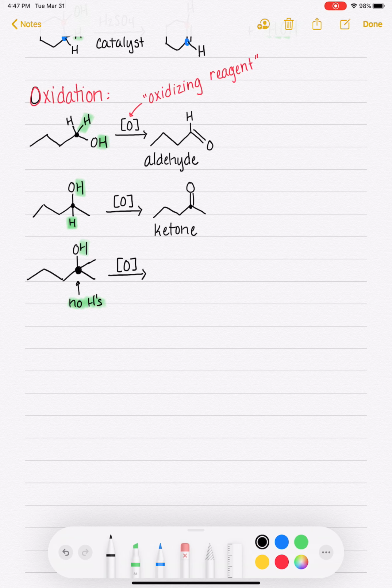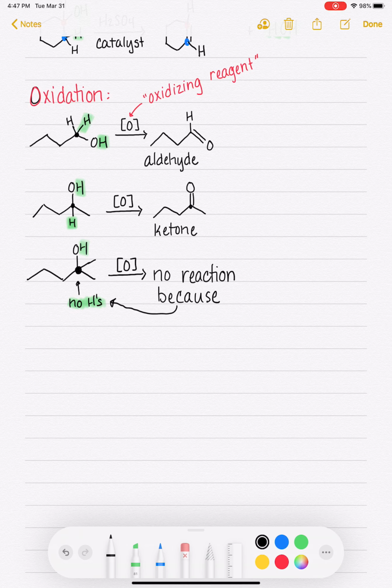Because that carbon has no hydrogens on it, this type of alcohol cannot do this type of reaction. There's no reaction happening here, because we don't have a hydrogen in that one particular location.